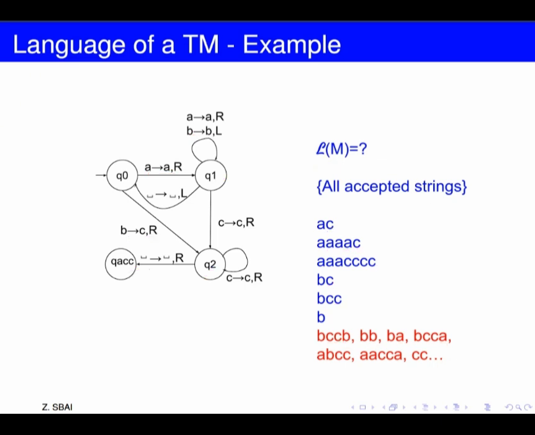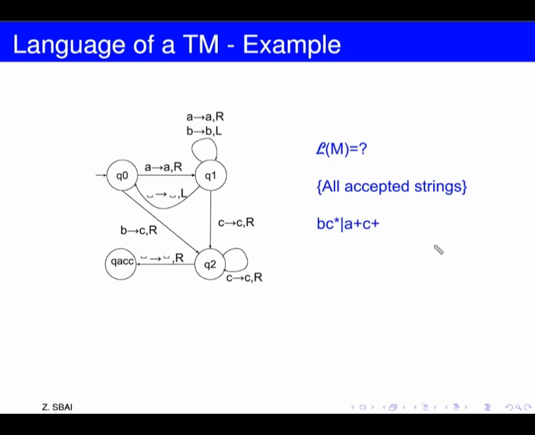After discussing more examples, we may write that the language of this machine will be all the strings in the form 1b followed by 0 or more c's, from here 1b followed by 0 or more c's, or if we take this direction we will accept 1a followed by more a's.